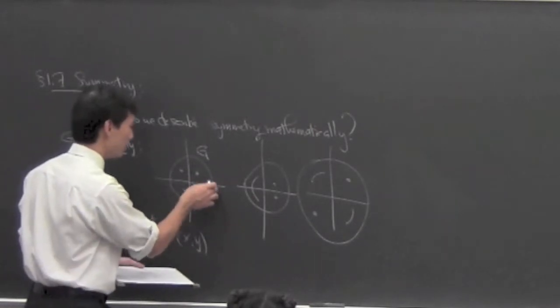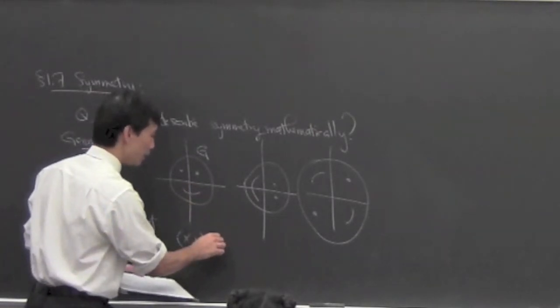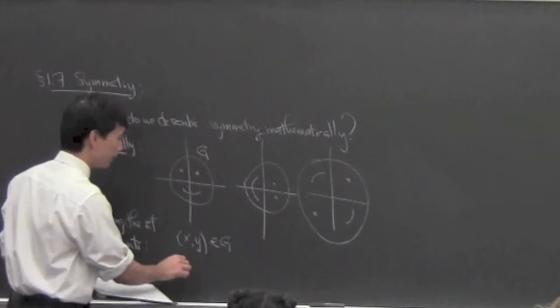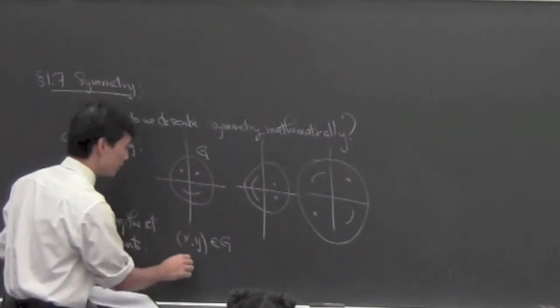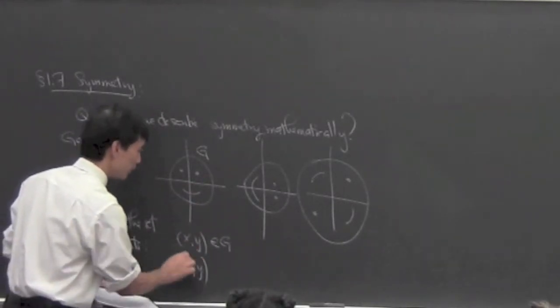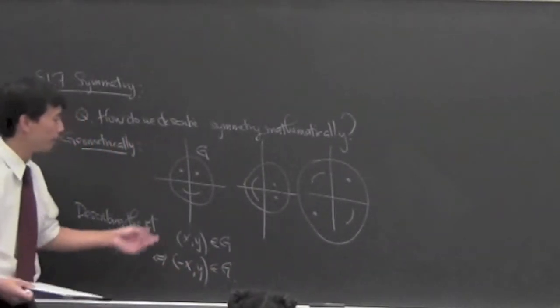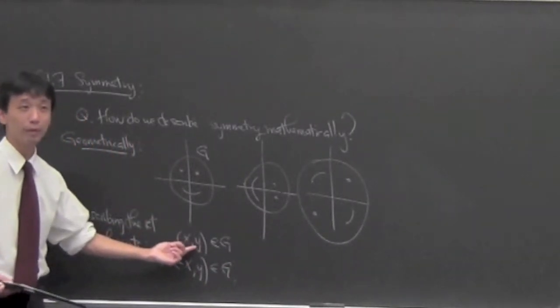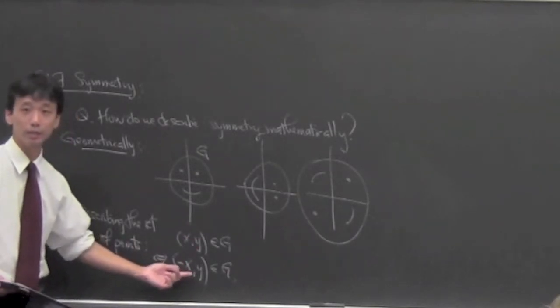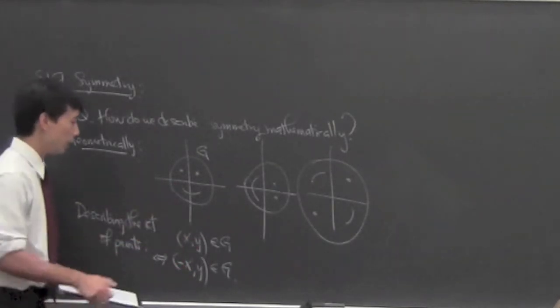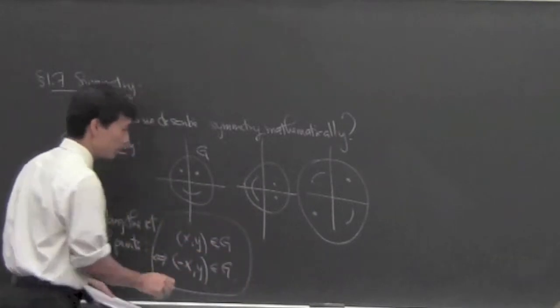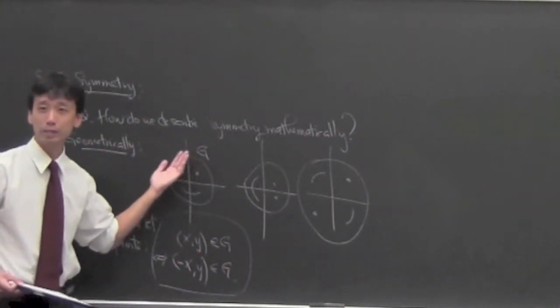We notice that if a point is in the graph, then this point is also in the graph, and vice versa. If some point (x, y) is in the graph, then the point (negative x, y) is in the graph. And so maybe that's one way of describing this sort of left-right symmetry.